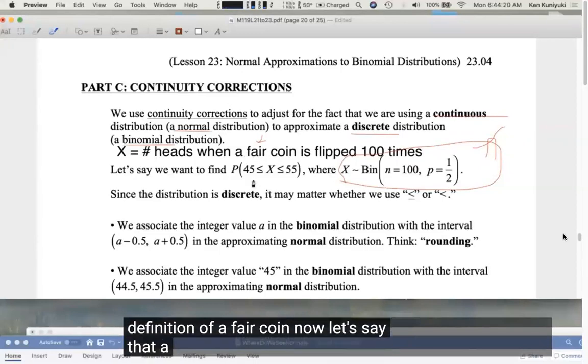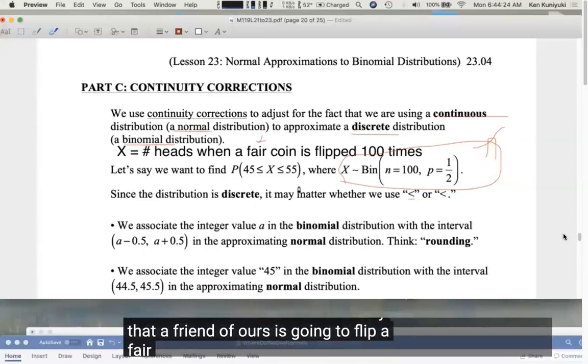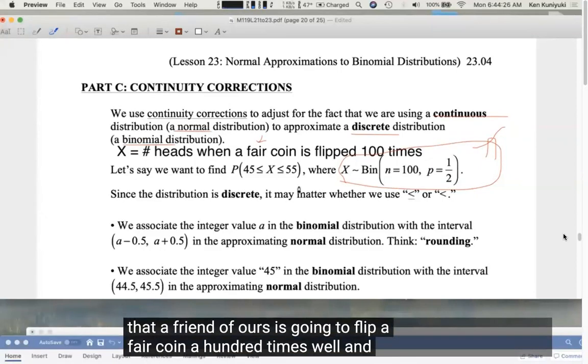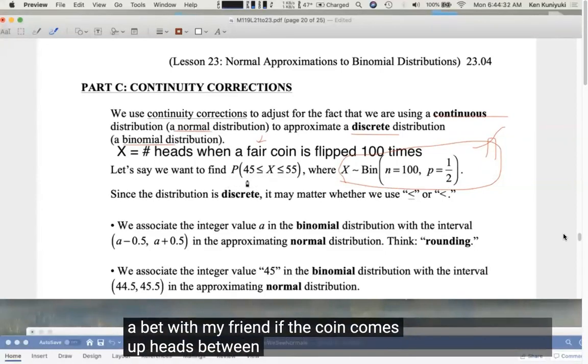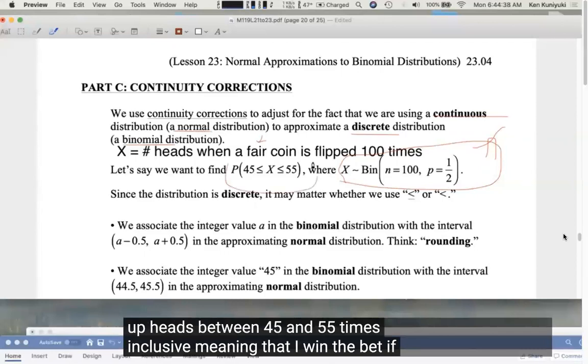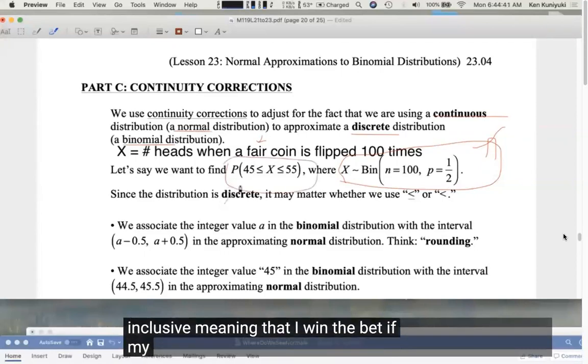Now let's say that a friend of ours is going to flip a fair coin 100 times, and I win a bet with my friend if the coin comes up heads between 45 and 55 times inclusive, meaning that I win the bet if my friend gets exactly 45 heads.